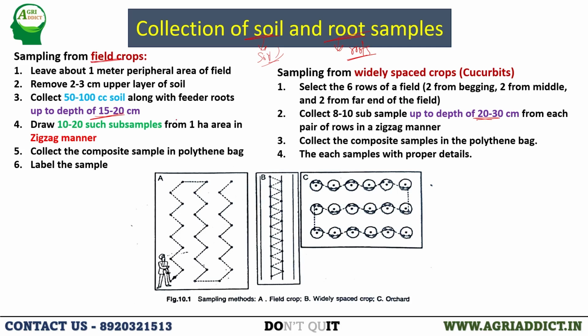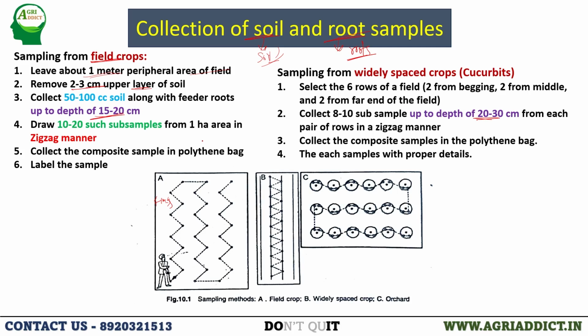We are going to select a field of 1 hectare area. Leave about a 1 meter peripheral area around the field, as you can see in the first figure. Leaving that peripheral area, the soil sample has to be collected from the area in between. Remove the upper 2 to 3 centimeter layer of the soil, because plant parasitic nematodes do not occur in the upper layer of the soil.